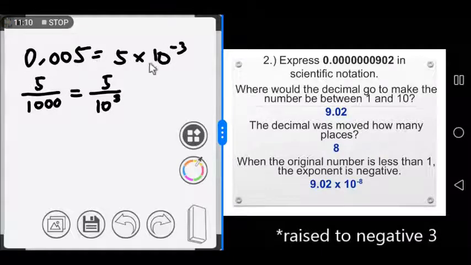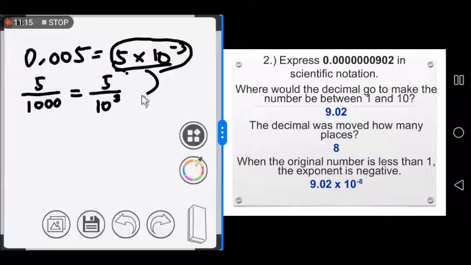Ayan, negative 3. So, equal tong dalawang to. Kapag ang exponent mo ay negative, it also means that the given number is divided by powers of 10. So, yun yung ibig sabihin ng negative exponent doon.